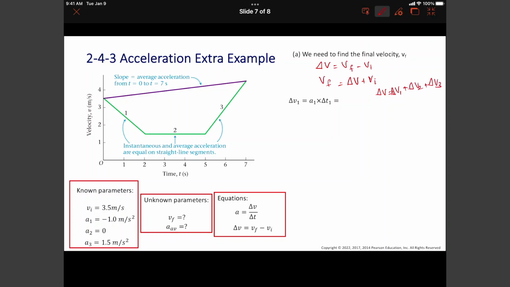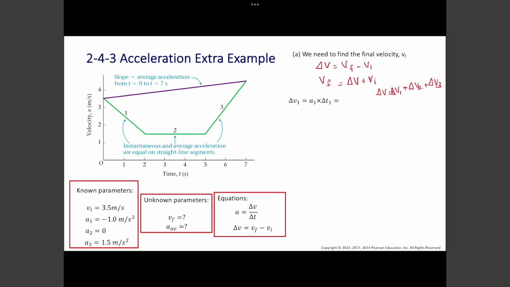Now first let's find delta V1. From this equation, we can find delta V if we know the acceleration. So a is equal to delta V over delta t, and we can find delta V by multiplying acceleration by delta t. For each time interval we know the time interval and acceleration values, so we can find each delta V separately.